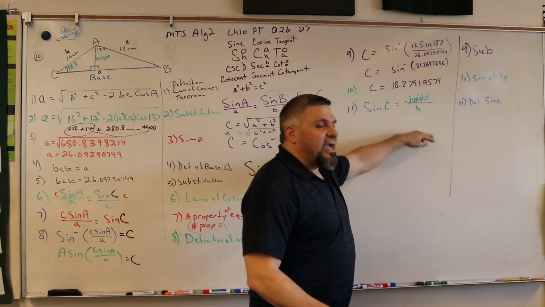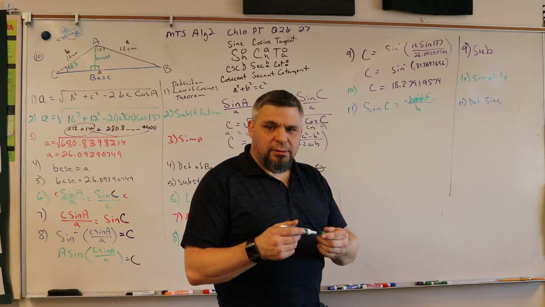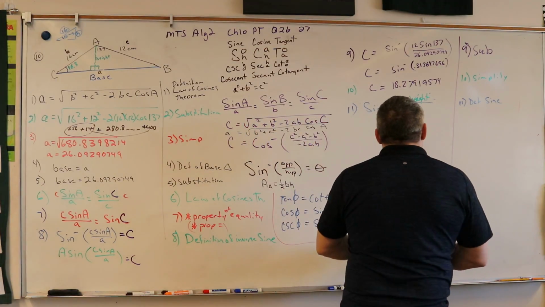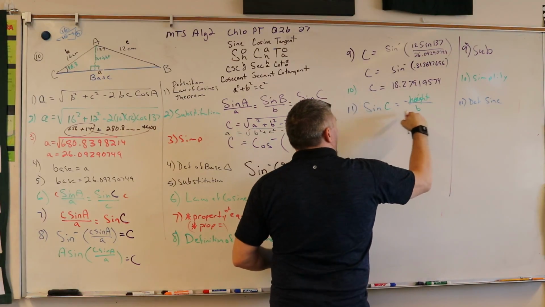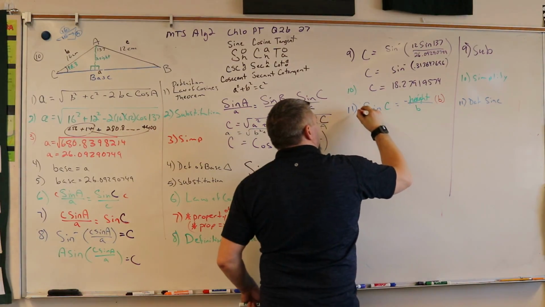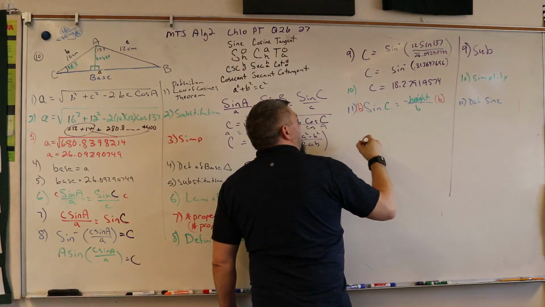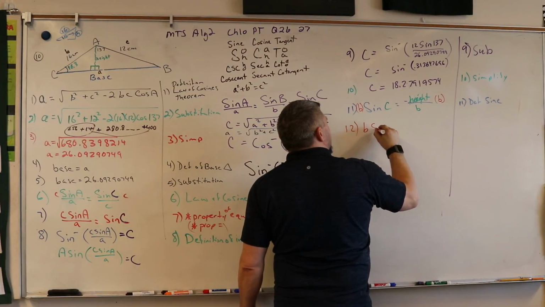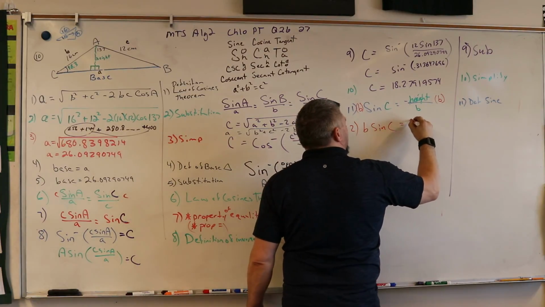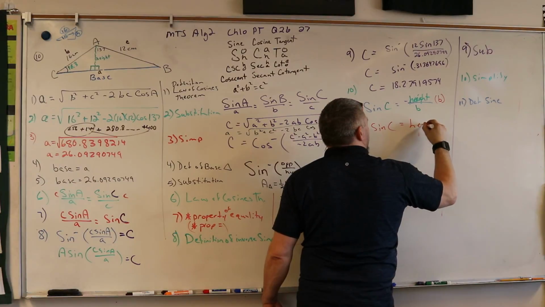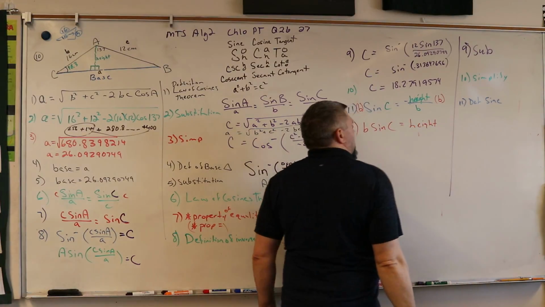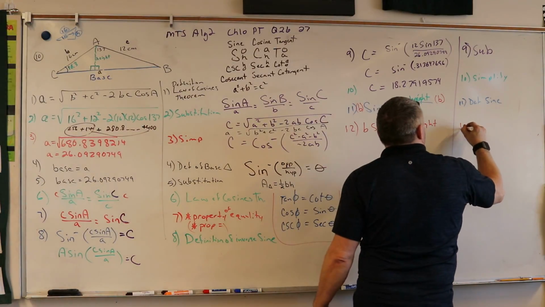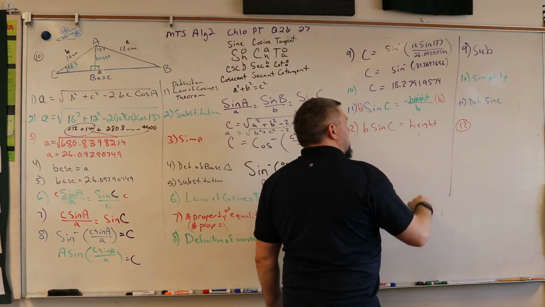So how would I solve for the height here? What do I do? I gotta multiply by B. So B sine C is equal to the height. Why? What did we do to both sides? Multiply.